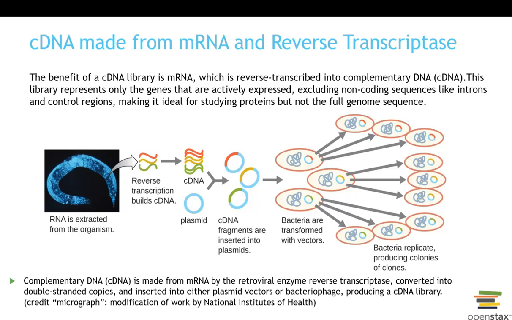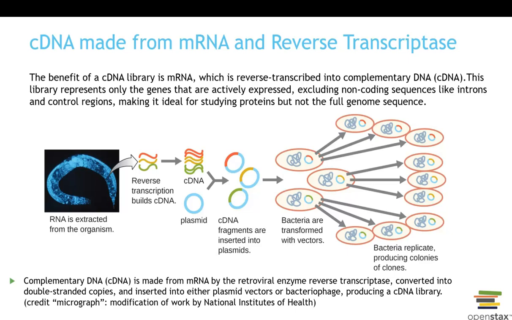And actually they extracted this reverse transcriptase enzyme from retroviruses, which are RNA viruses, but they have this enzyme to be able to convert the RNA genetic information to DNA.